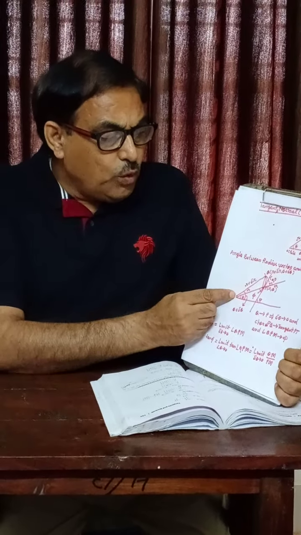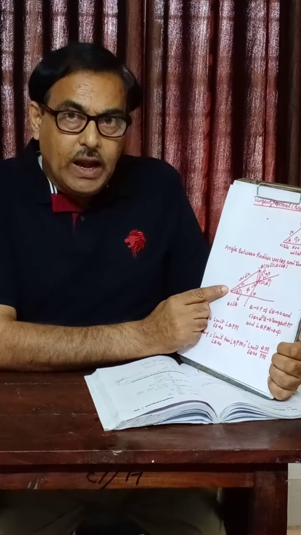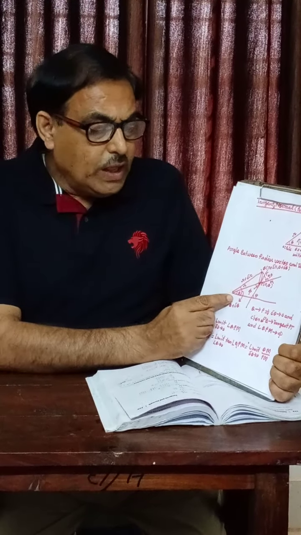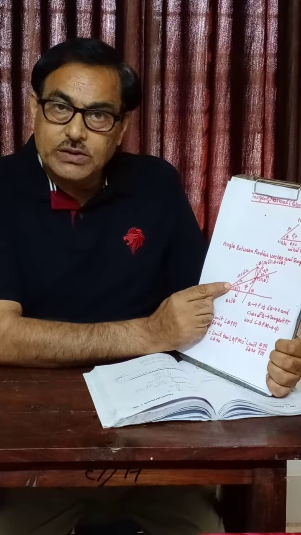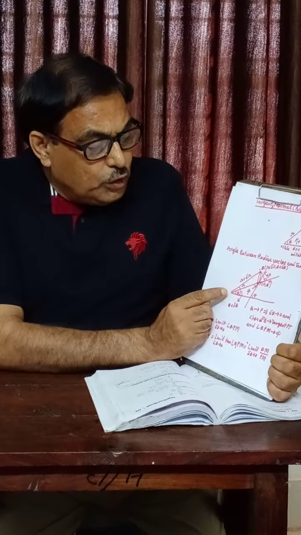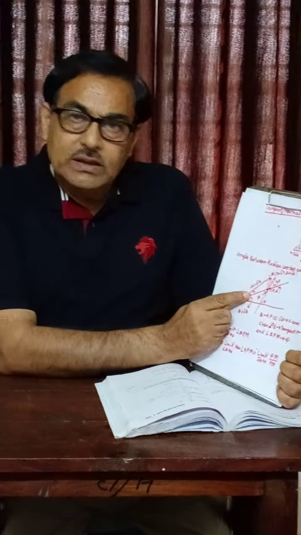Join Q with O: OQ is r plus delta r, and the angle between OQ and the initial line is theta plus delta theta. So clearly the angle QOP is delta theta.